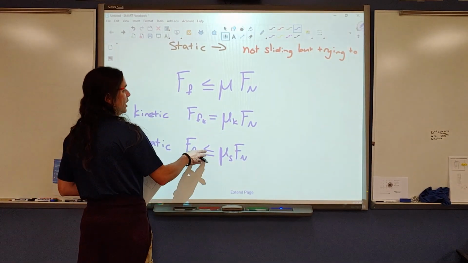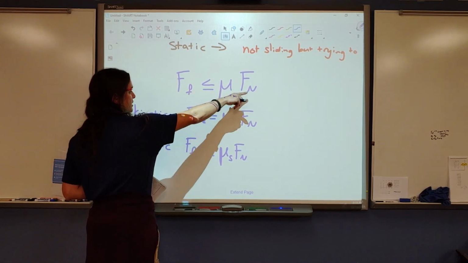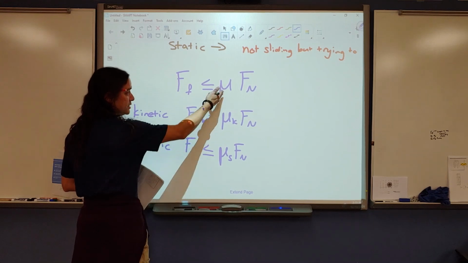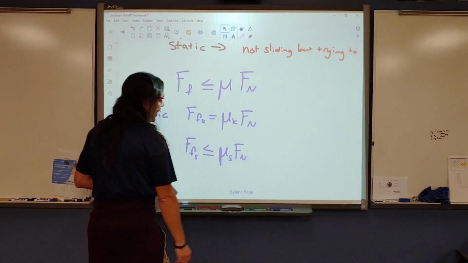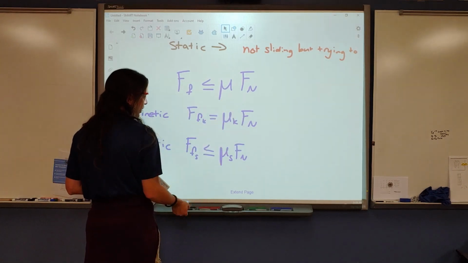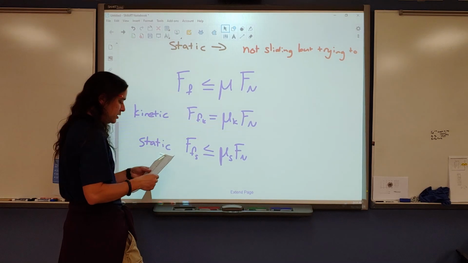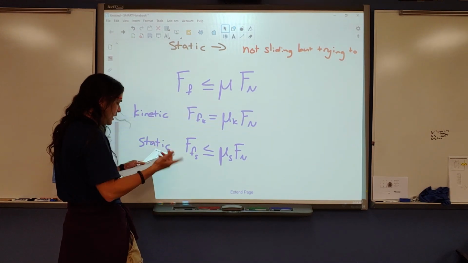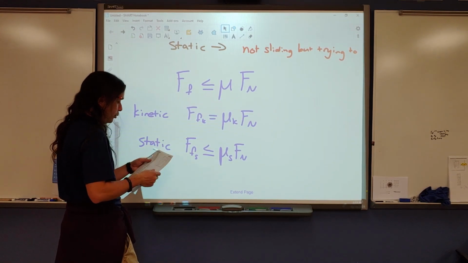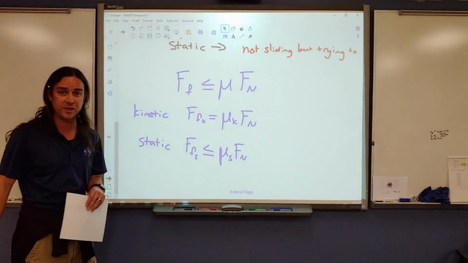To save space, the AP exam in the generic form of the equation says the force of friction is less than or equal to this times the normal force. And that is a true statement because for the force of kinetic friction, it is equal to that, not less than. And the force of static friction gets a little bit trickier. That's what we're going to see in the beginning of the next lesson. We're going through introducing the materials here and going to take a look at least one example problem for this lesson.